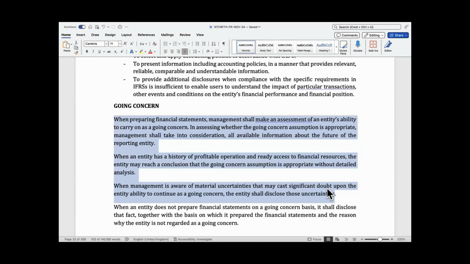For the fact that we are saying that when you buy an asset, right, that you are going to use for many years, okay, we are saying don't recognize the entire cost of that asset in P&L this year. No, maybe you continue to operate. So you put it in your position statement. Then recognize only a portion as expense. They call it depreciation. It's on the assumption that you will continue to operate.